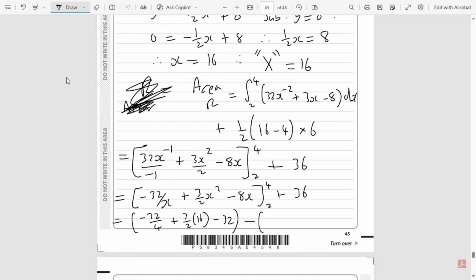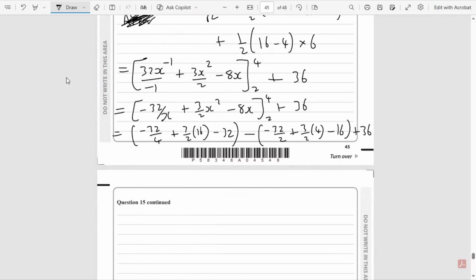Then plug in 2: minus 32 over 2, plus 3 over 2 times 2 squared, which is 4, and then minus 2 times 8, which is 16, and again plus the 36 at the end.